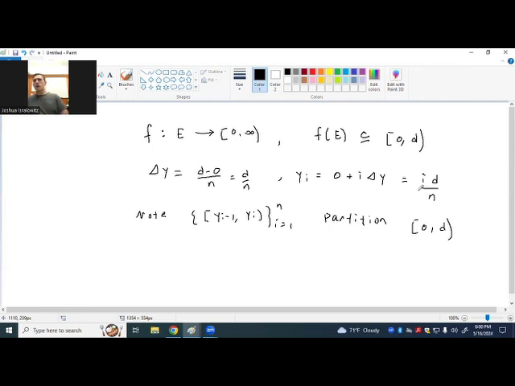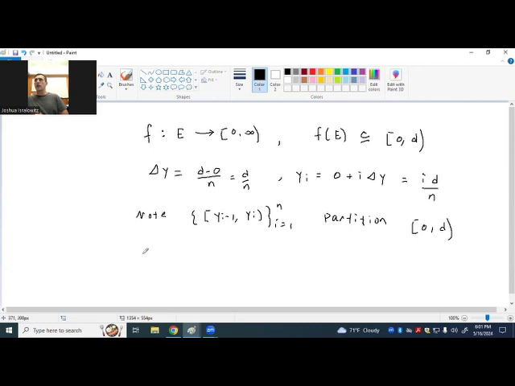The first one, when i equals 1, is just 0 to d over n. And then we go from d over n to 2d over n, all the way to (n minus 1) times d over n to just d. So this is kind of trivial here.